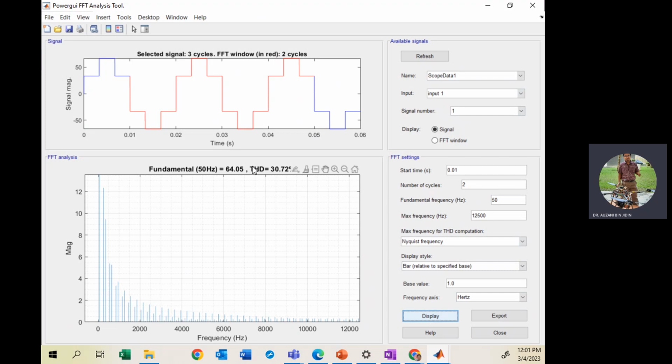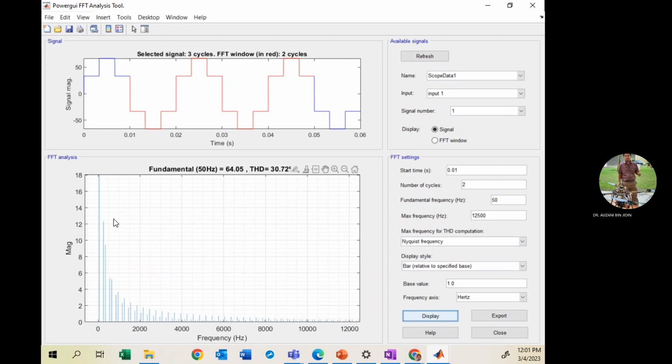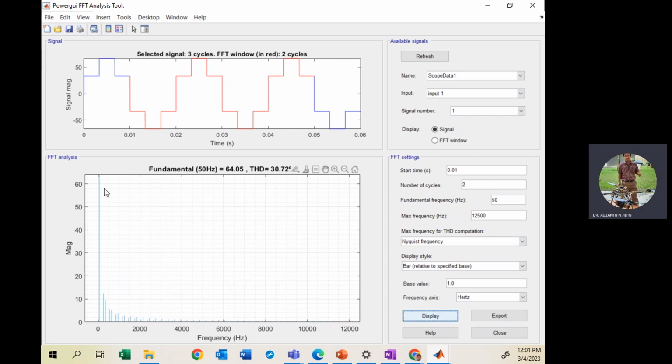So you get the fundamental here is 0.64. So that means 0.64, you multiply by 100, then you get 64 volt. So the output voltage produced using the 6-step voltage is larger than that produced in sinusoidal pulse width modulation. Right?